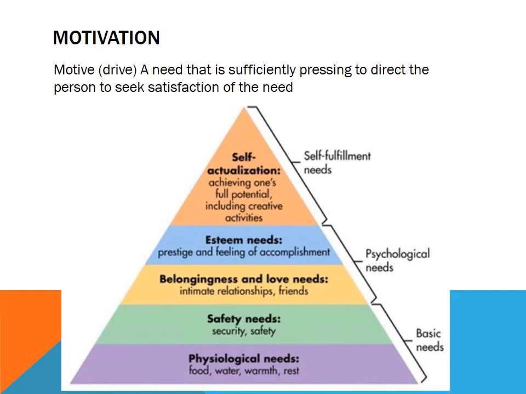And then the top one is self-actualization, when you try to achieve your full potential, including creative activities. For example, you are president of Indonesia, but you also want to record your voice for a music record. That is self-actualization, which happened with our former president SBY.